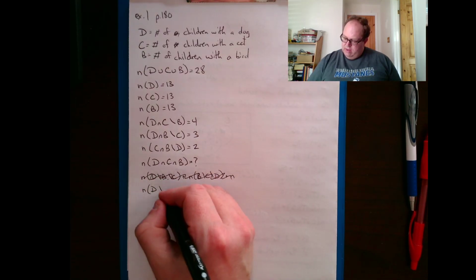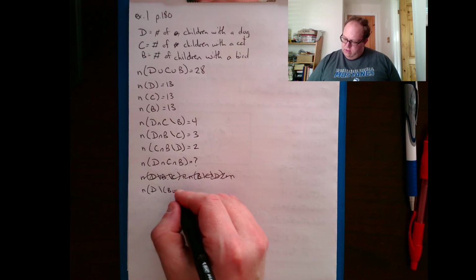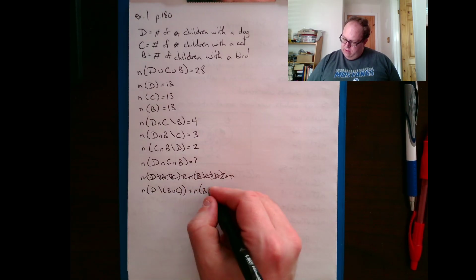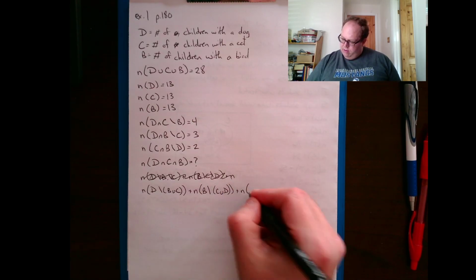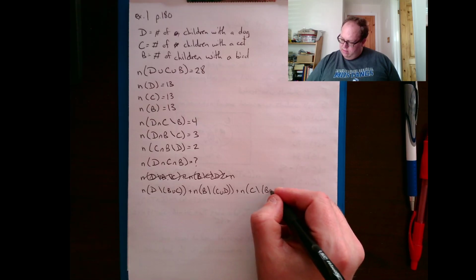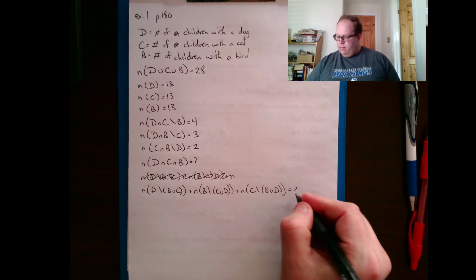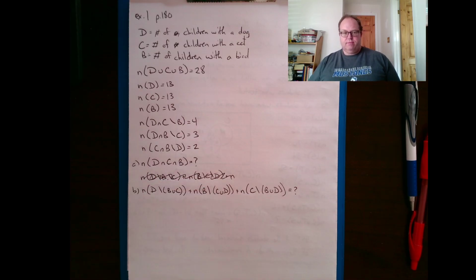The number in D without what's in the union of B and C, plus the number in B without what's in the union of C and D, and the number that's in C without the union of B and D. So this is what we're asked for in A, this is what we're asked for in B.